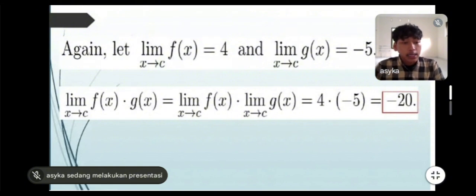Then limit x approaching c of f(x) times g(x) is limit x approaching c f(x) times limit x approaching c g(x) equals 4 times minus 5. So we get the answer is minus 20.